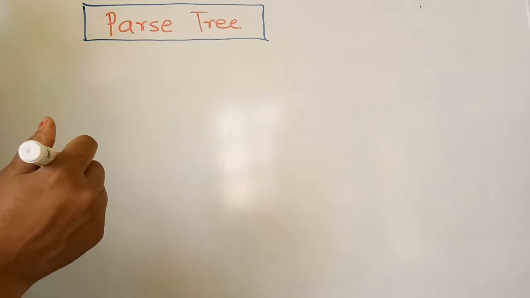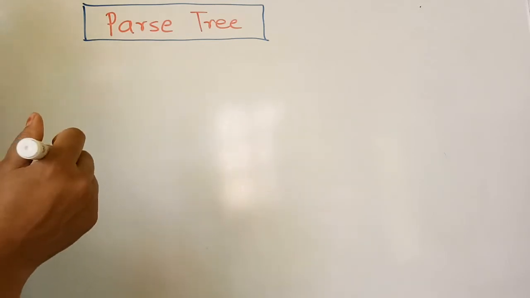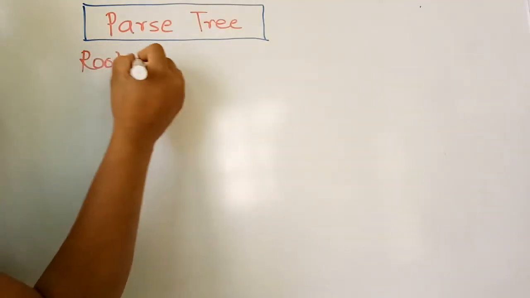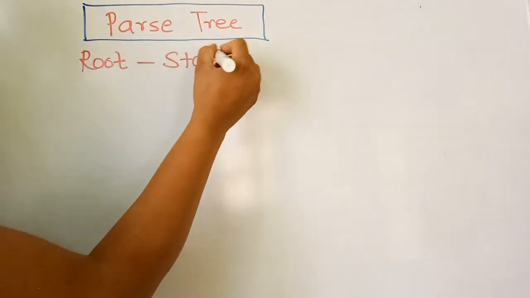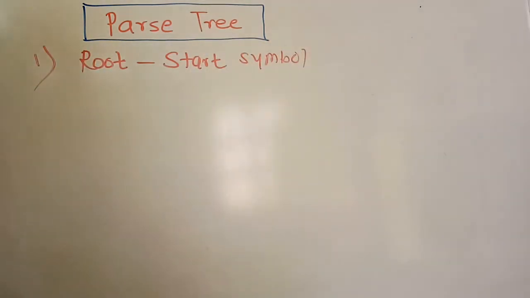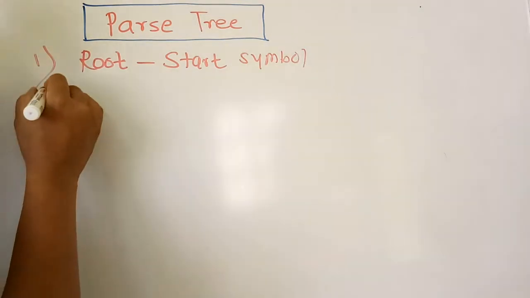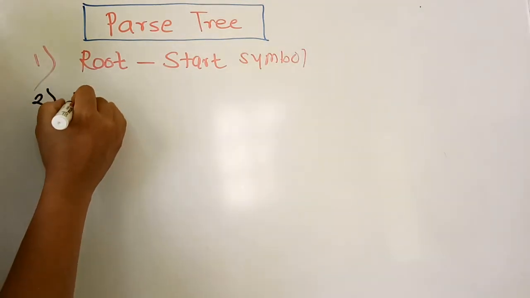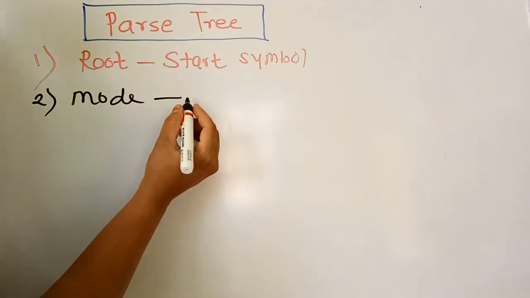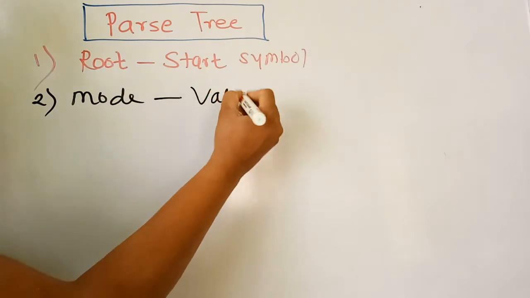start, or the root of the tree is represented by the start symbol, meaning your root will always be the start symbol. It is the first rule. Second, each interior node is represented by a variable belonging to V, meaning the nodes are representing the variables.